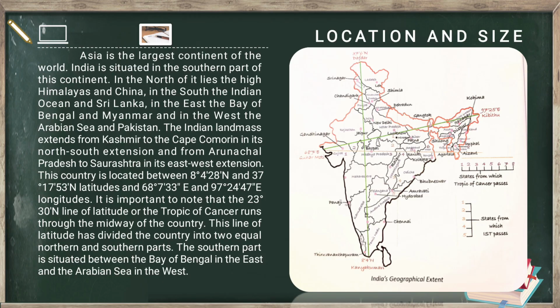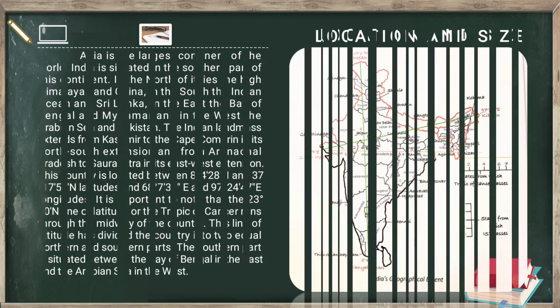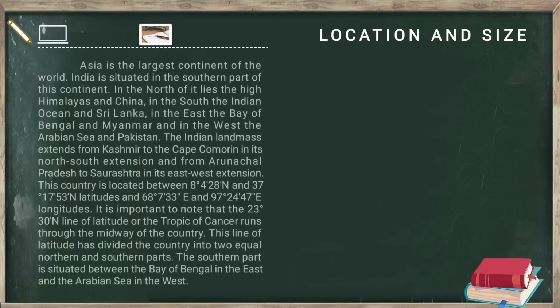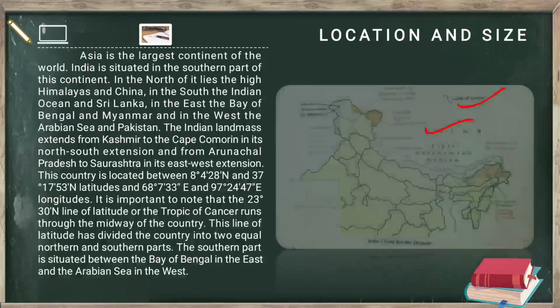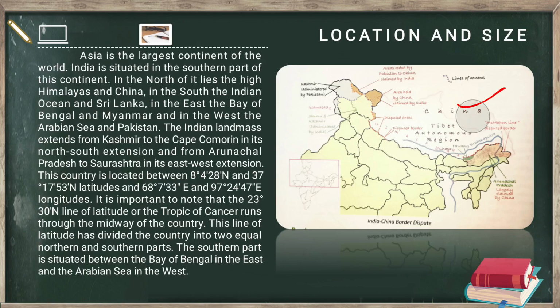Then somewhere here is China. You can see here, in the north of India, what do we have? We have China. This is the Tibet Autonomous Region. This is in the north.